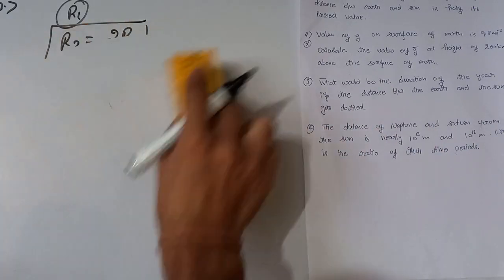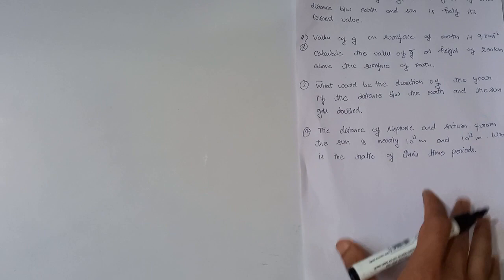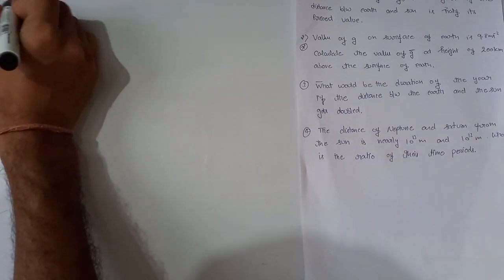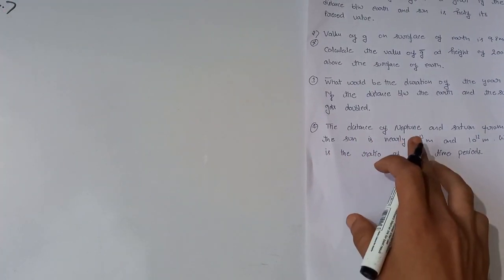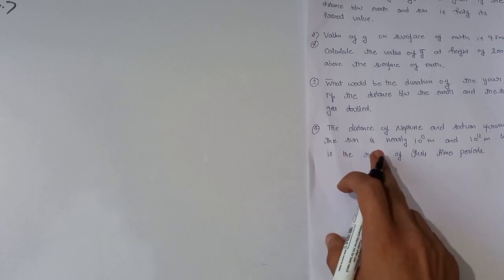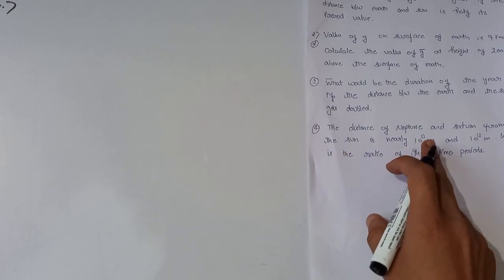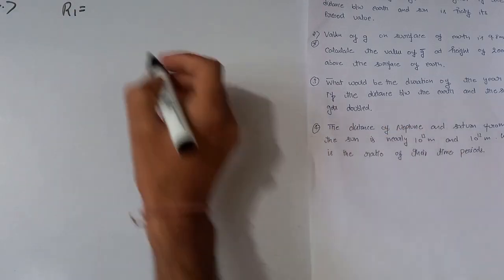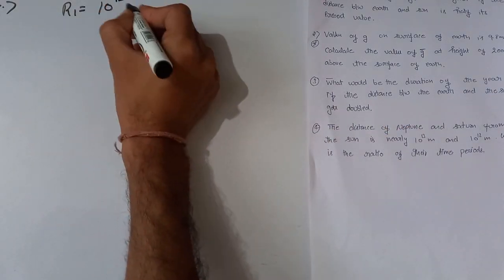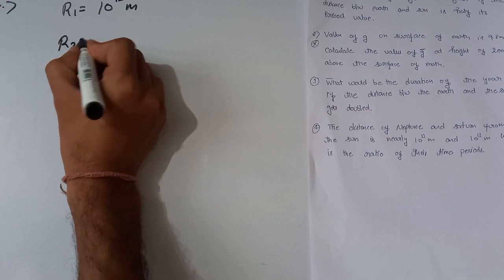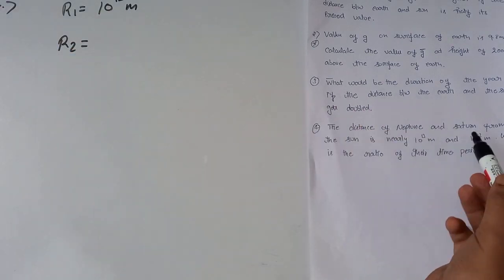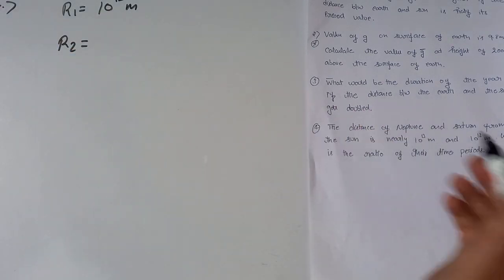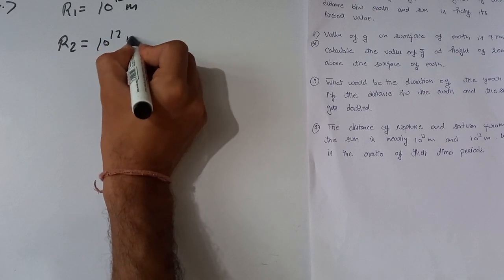Very easy numerical. Our next numerical is numerical number 4. If the distances of Neptune and Saturn from the Sun are nearly 10 raised to power 13 meters and 10 raised to power 12 meters, let r1 be the distance between the Sun and Neptune, equal to 10 raised to power 13 meters, and r2 the distance of Saturn from the Sun, 10 raised to power 12 meters.